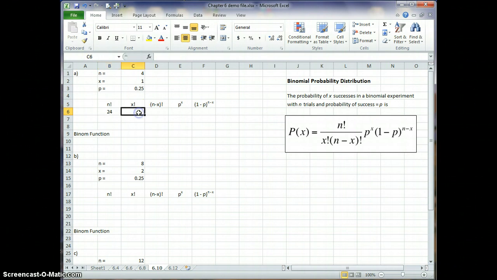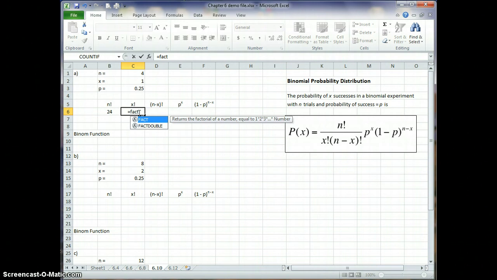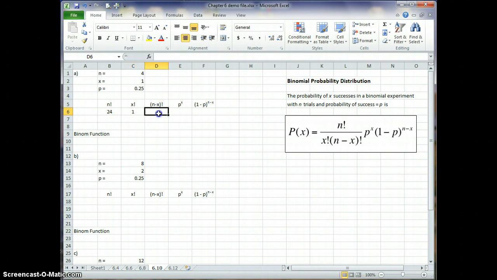And now we're going to do it for X. So it's going to go equal, and again we're going to go FACT, double click. I'm going to click on C2 because it's X factorial and the X in this case is 1. Close parenthesis, click the check mark. And now we're going to take n minus x and do the factorial of that.